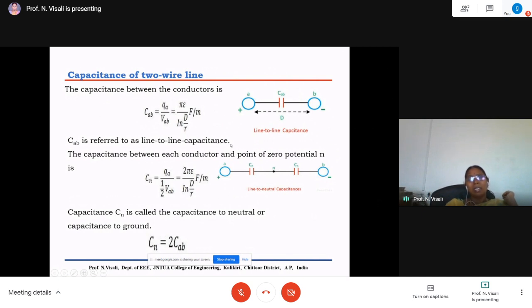So we calculate the capacitance as the amount of charge supplied to the conductor divided by the voltage gradient obtained across the conductor.